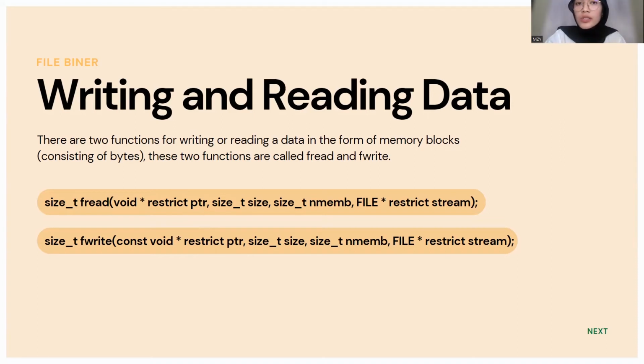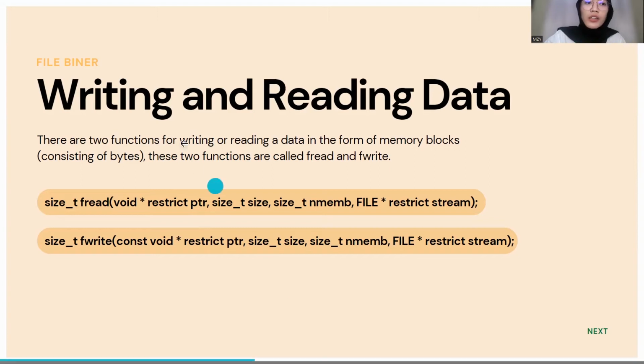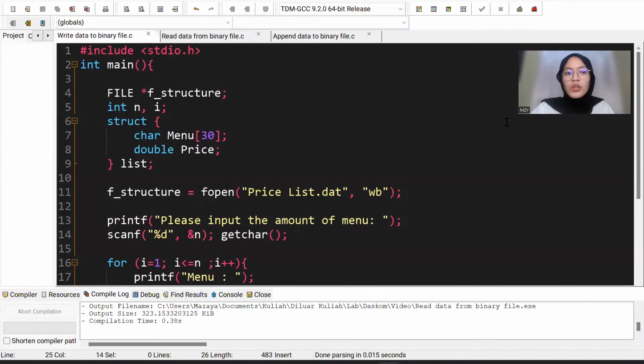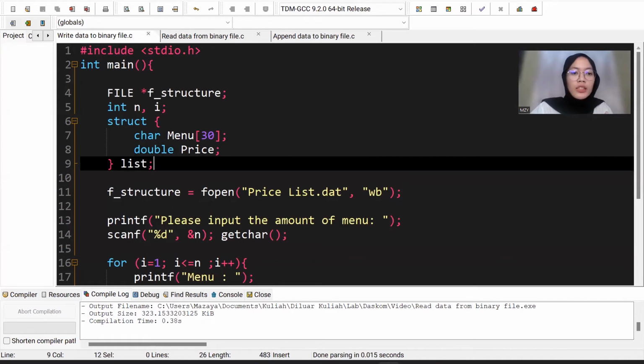Okay, now let's move on and see the example of the code for writing and reading data in a binary file. So this is the example of the code to write data to a binary file. First of all, we got the header, the main function, and then the declaration of the file: FILE asterisk f_structure, don't forget the semicolon, and the variable, the struct that we name as list.